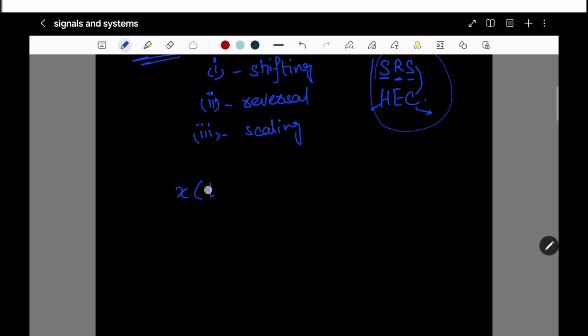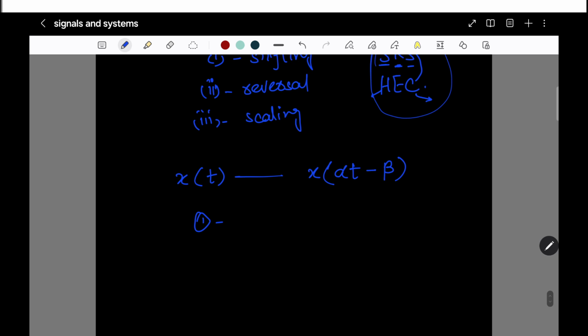So if you have a signal x of t and you have this transformation which is x of alpha t minus beta, the first thing is you will do the shifting first, and the second thing is you have no reversal of time but you have a scaling.